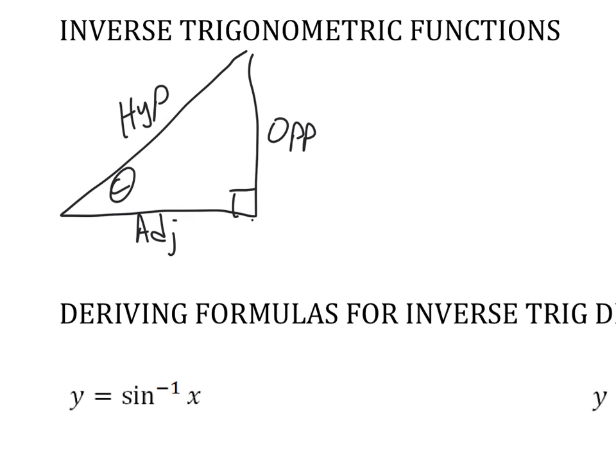Let's just talk about a regular trig function. If I were to say sine of some angle theta, that's going to give me the opposite side divided by the hypotenuse.